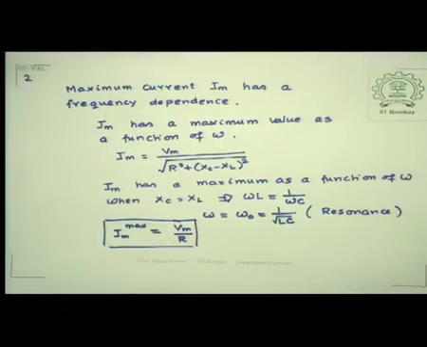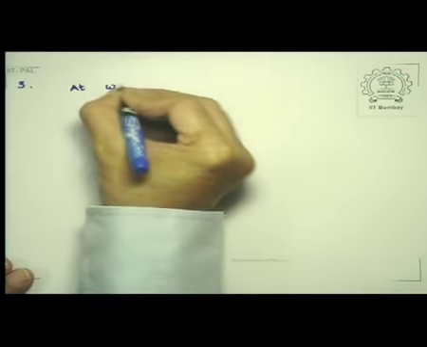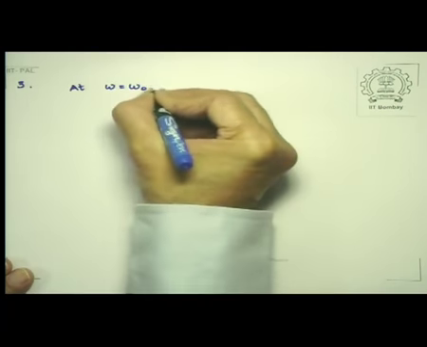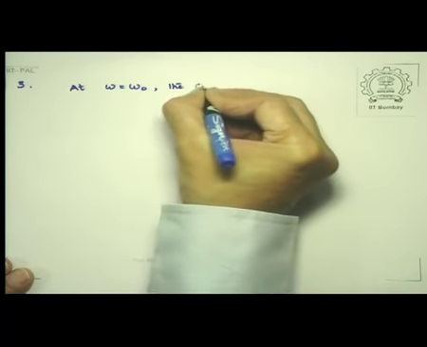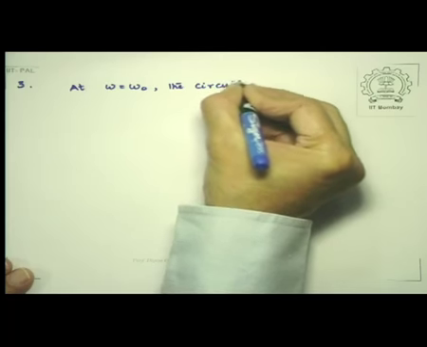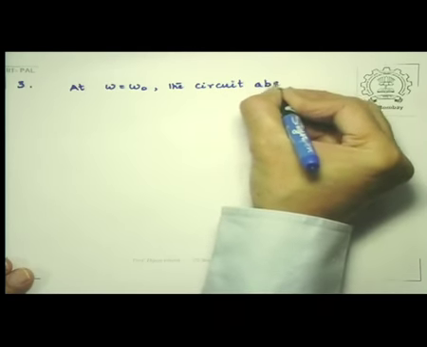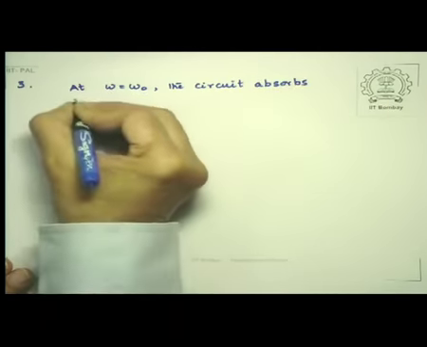Now what happens is this, that when omega is equal to omega 0, the circuit absorbs maximum power. So let me write down, at omega equal to omega 0, that's the resonant frequency, the circuit absorbs maximum power.